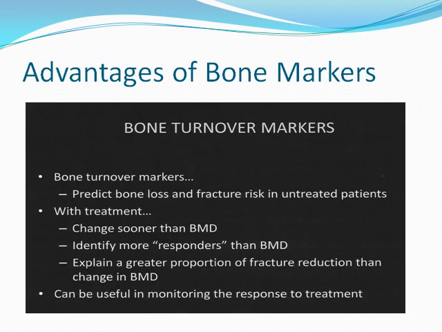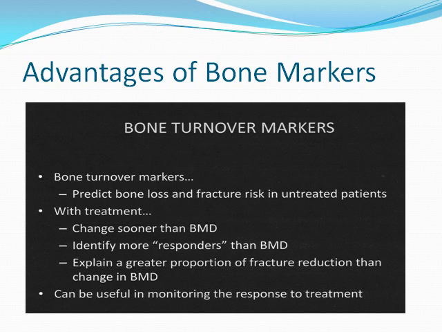Now, let's get into some clinical issues here. How do we measure all this process? How does the physician evaluate his patient to see what's going on? The serum bone turnover markers are very useful. Bone turnover markers predict bone loss and fracture risk in patients who are not being treated.